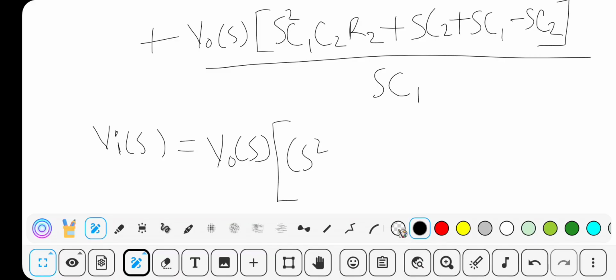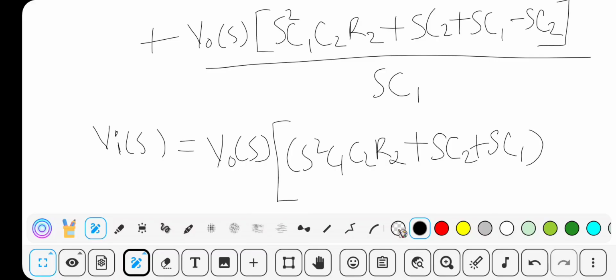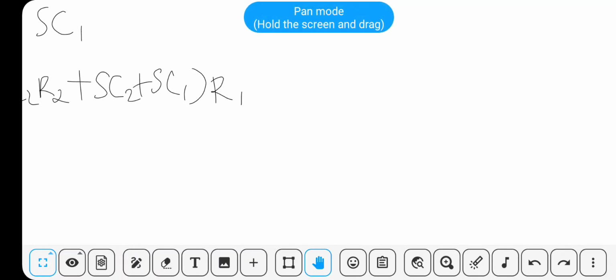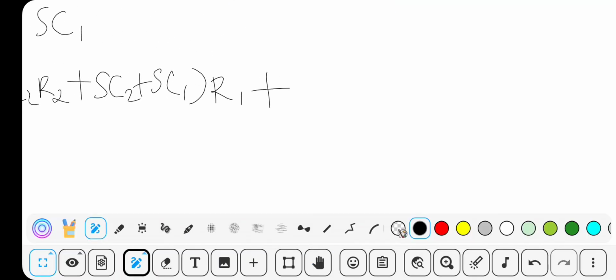This should be S squared C1 C2 R2 plus SC2 plus SC1 times R1 and plus SC2 SC1 R2.